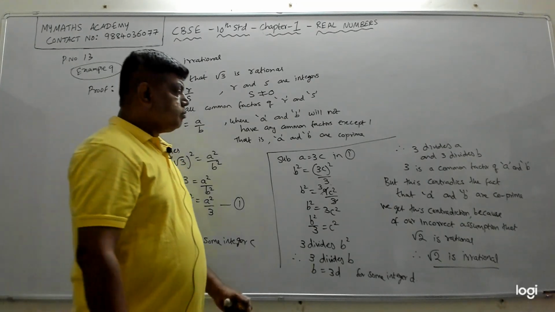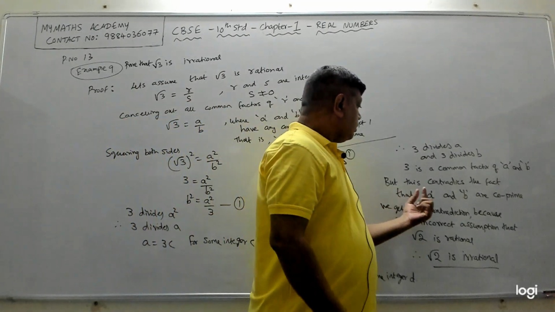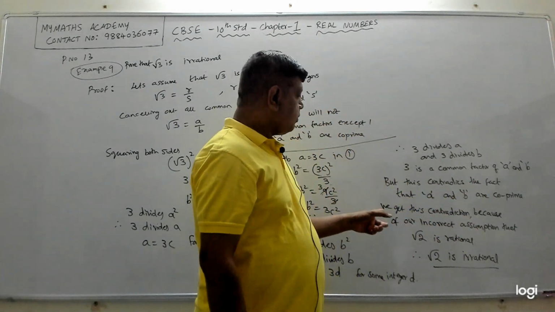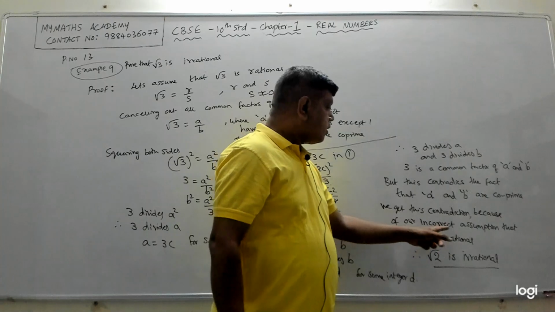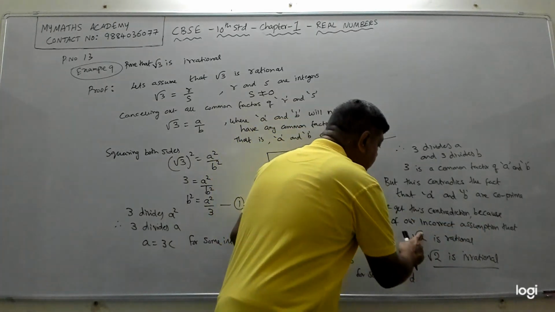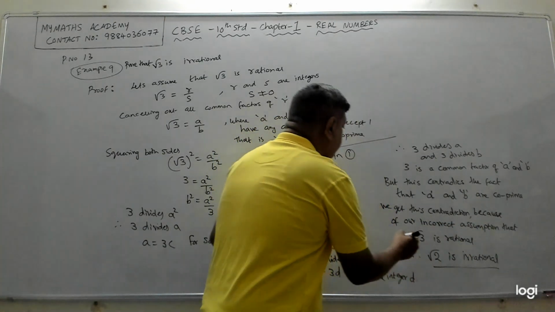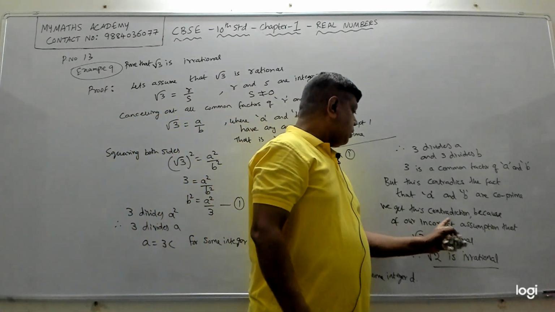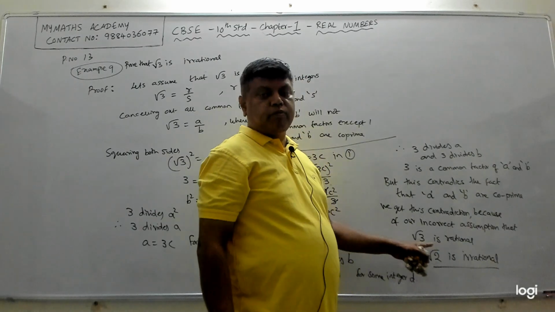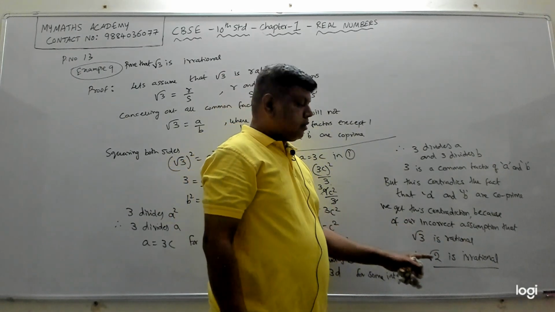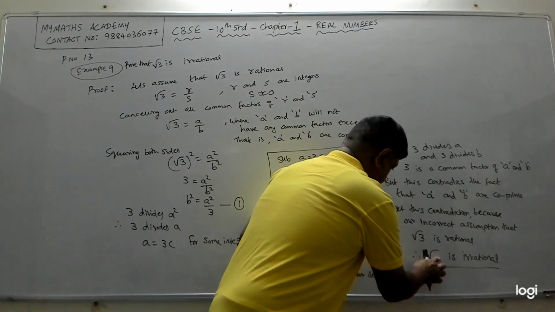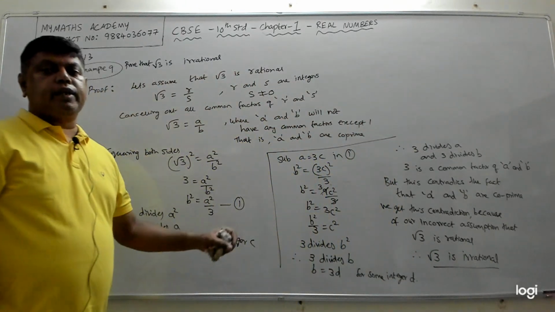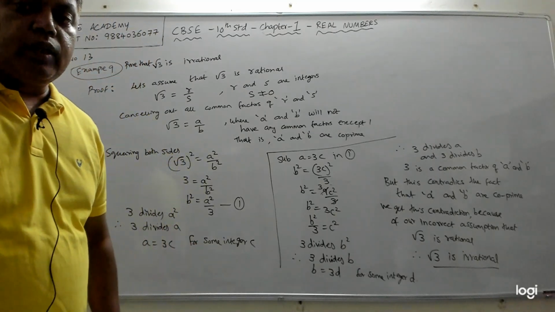We get this contradiction because of our incorrect assumption, that root 3 is rational. Which means our assumption is incorrect. Therefore, we say root 3 is irrational. So this is how we prove that root 3 is irrational.